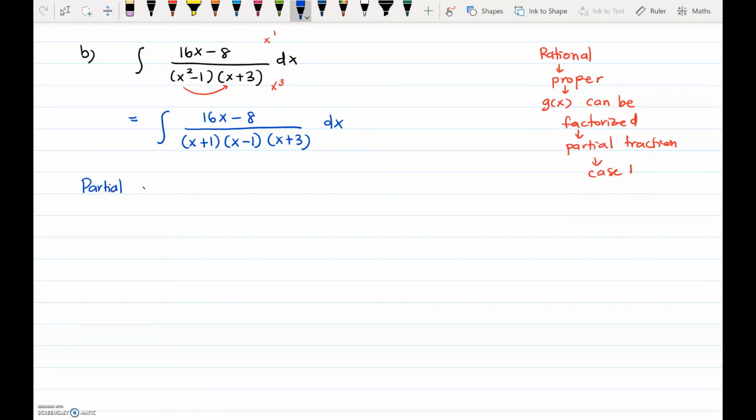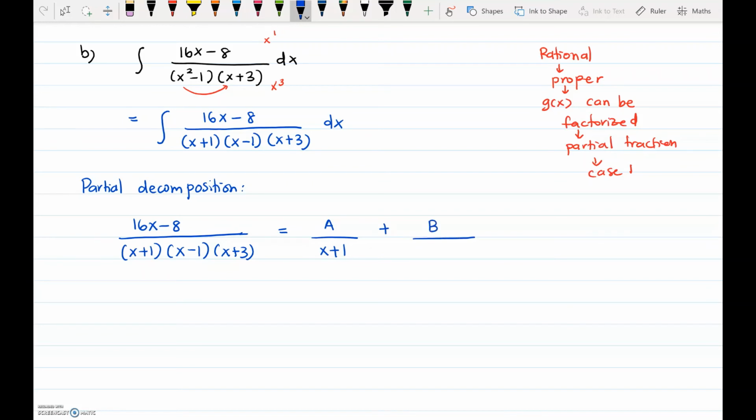Your partial decomposition will be 16x minus 8 over (x plus 1)(x minus 1)(x plus 3) equals a over x plus 1 plus b over x minus 1 plus c over x plus 3. Since we have 3 distinct linear factors, you will have 3 terms in your partial fraction. Now we want to find the values of a, b, and c.